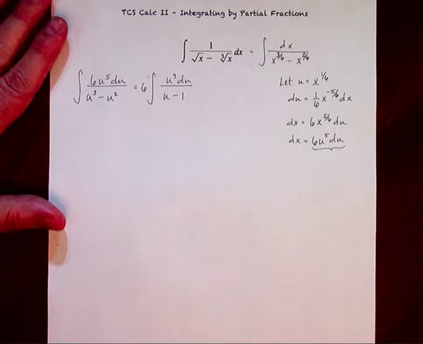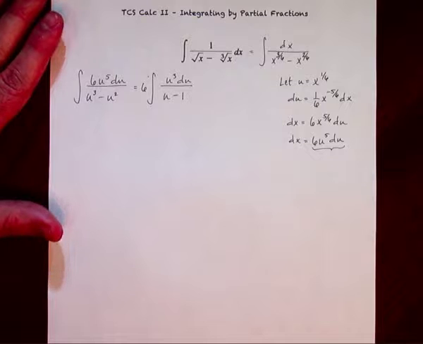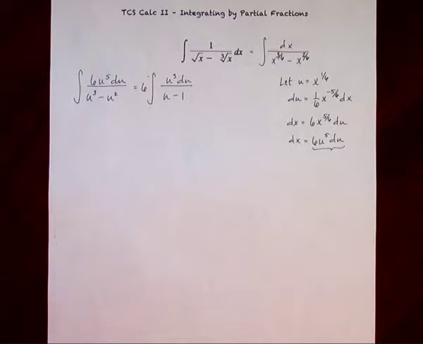Well, that's still a little bit messy, and when I do the substitution in this way, I don't wind up having to do any partial fraction work, but I do have to do some division.